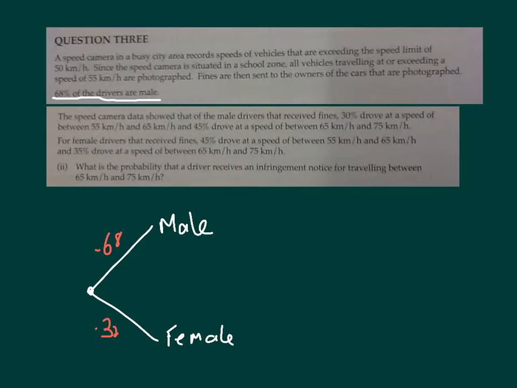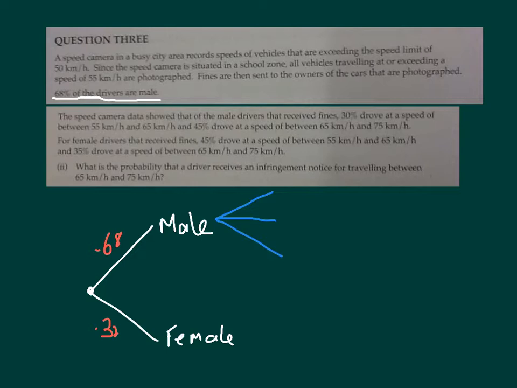Then we're told we've got some speeds down here in the next set, where we're told that 30% drive between 55 and 65 and 45% drive between 65 and 75. Now that doesn't add up to 100%, so there are obviously people who drive at a different speed. So we're going to have three branches coming out from this next one, for each of these options: 1, 2, 3.